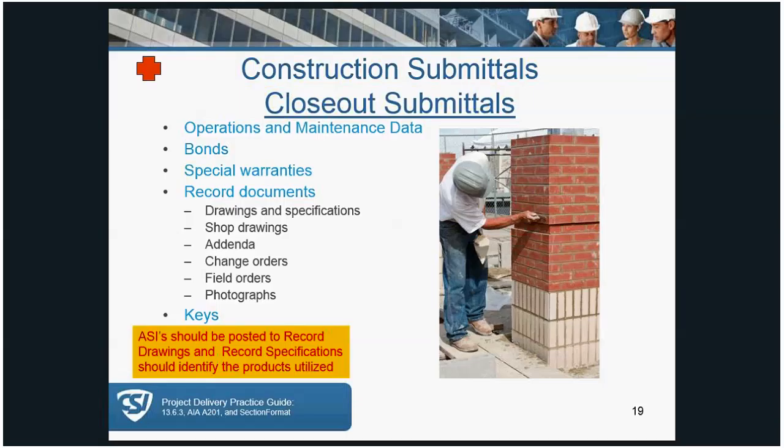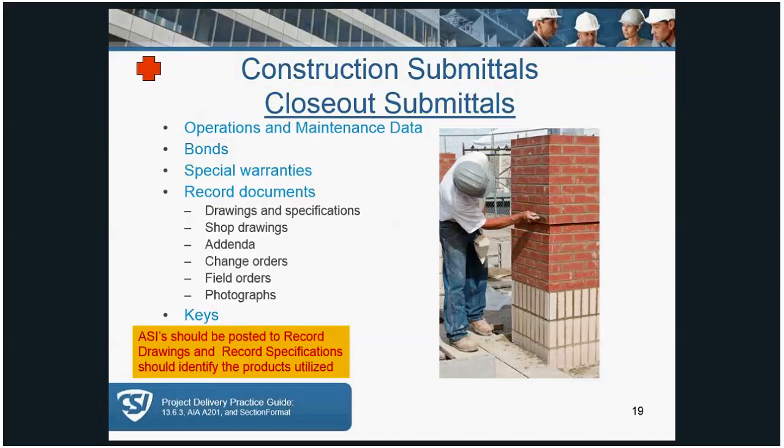Closeout submittals include the record documents, and that is expanded, not just the drawings that are marked up or annotated, or the specifications that are annotated, but it includes a lot of other documents.